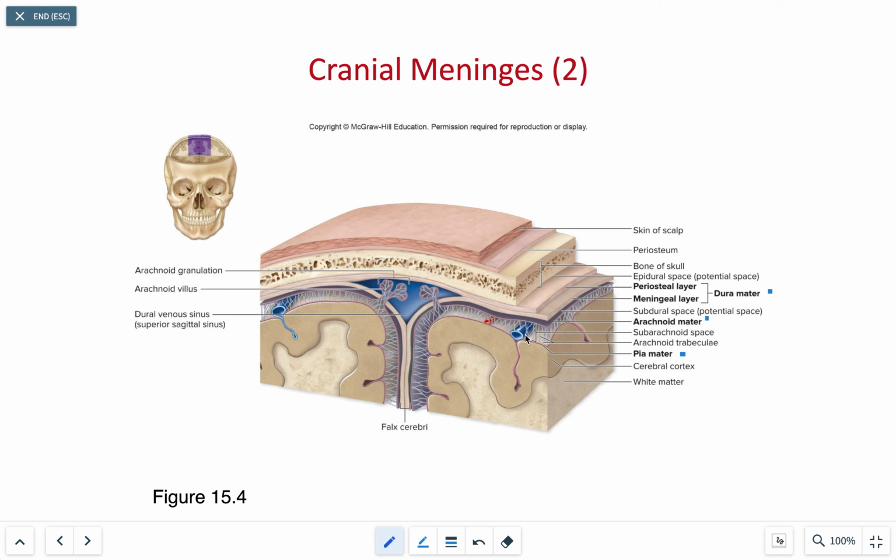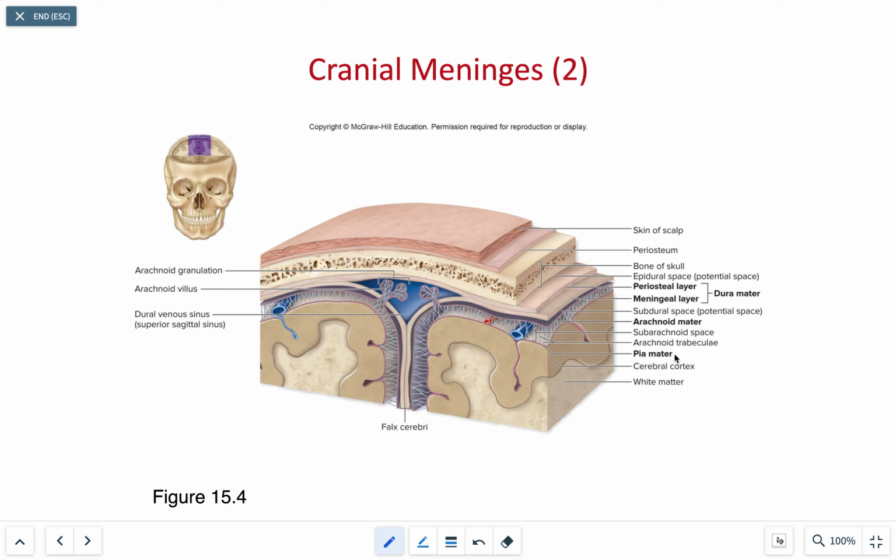And we also circulate cerebral spinal fluid. So in the subarachnoid space, we see the cerebral spinal fluid, which will eventually lead out into the venous system and then back towards the heart.